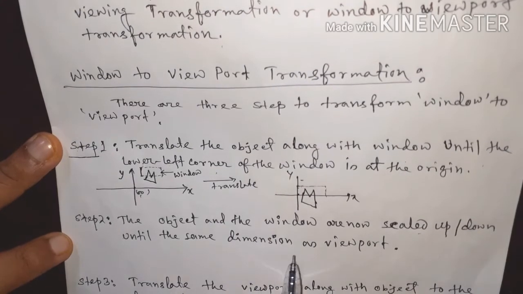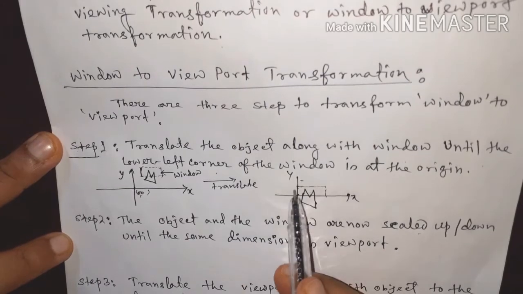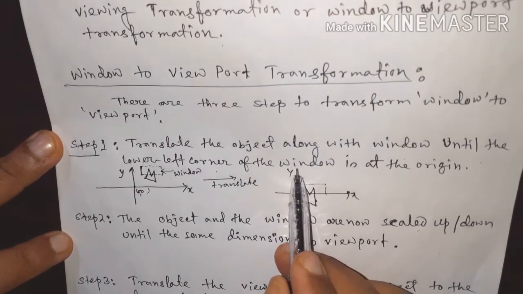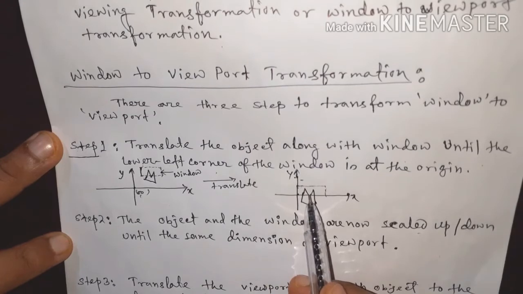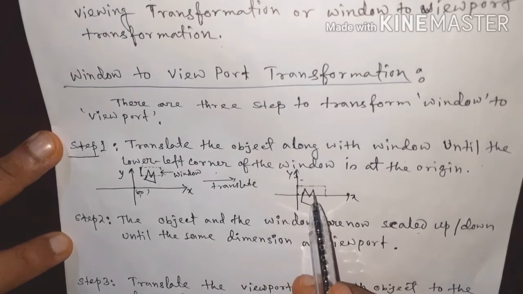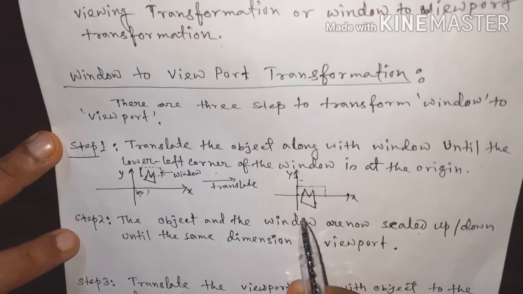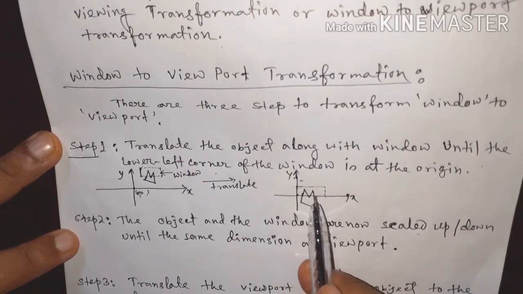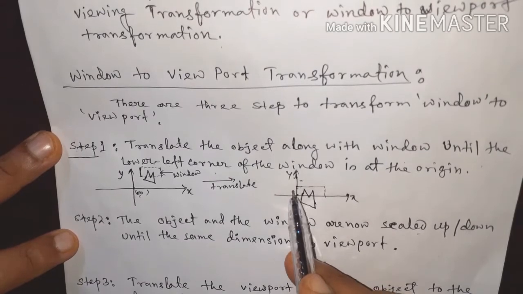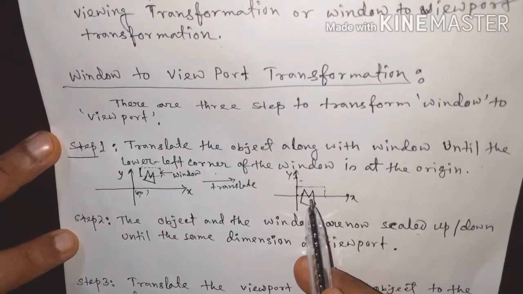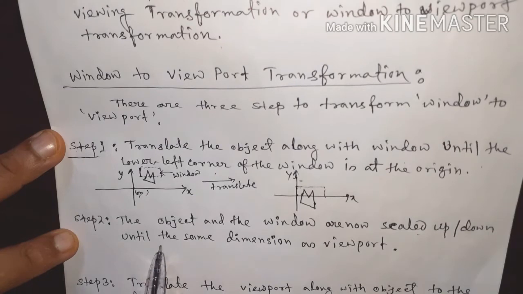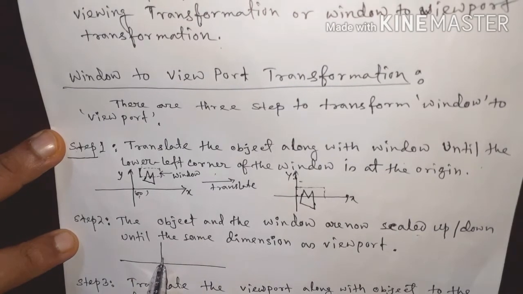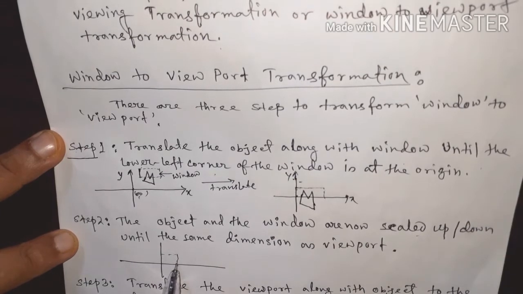Second step, the object and the window are now scaled up or scaled down until they have the same dimension as the viewport. So the window is magnified or minimized, scaled up or scaled down, to be the same as the viewport. Viewport means the device where we want to display the exact portion. Suppose I consider the viewport like this.